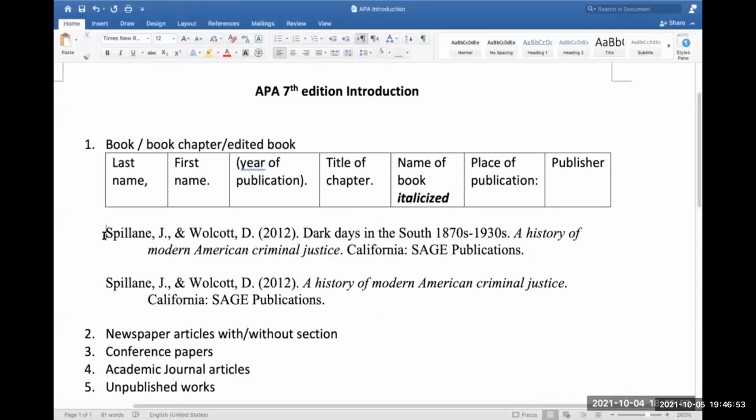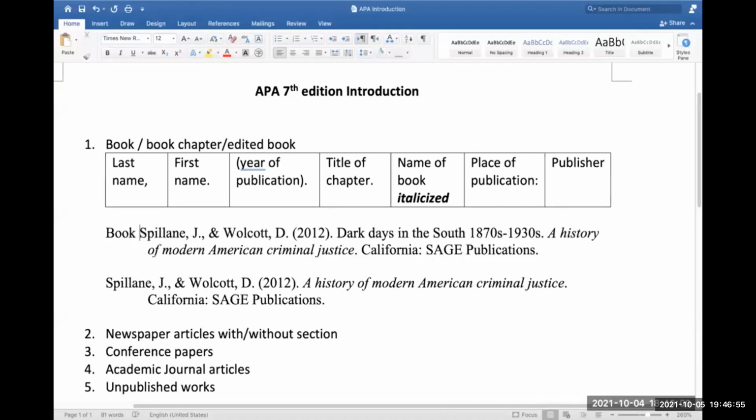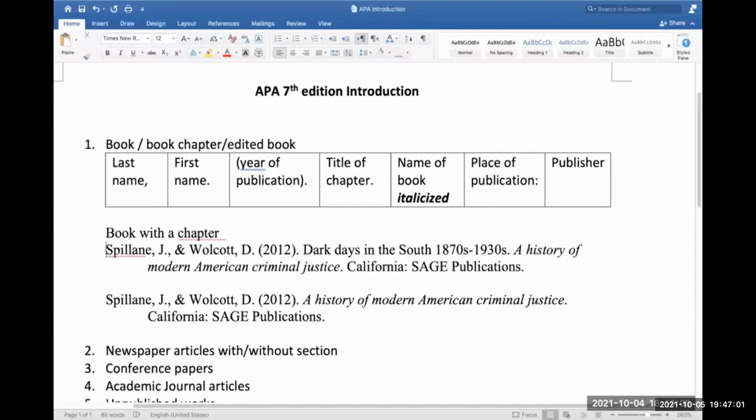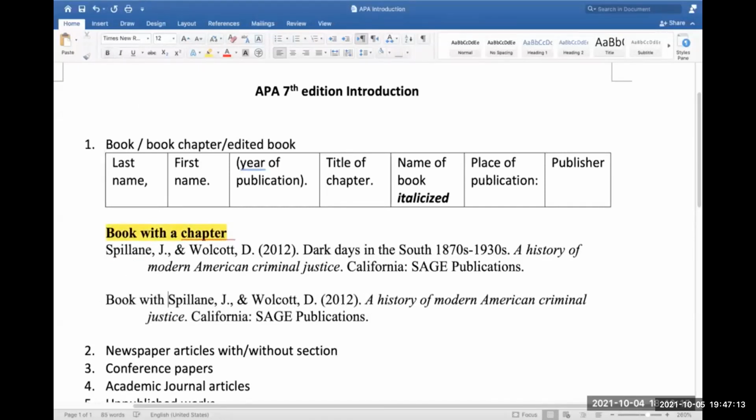So let me label it. This is book with a chapter. Let's say book with no chapter.